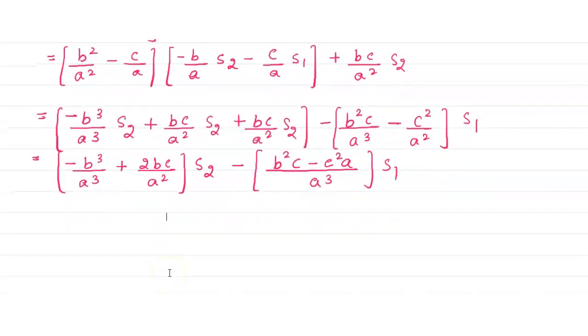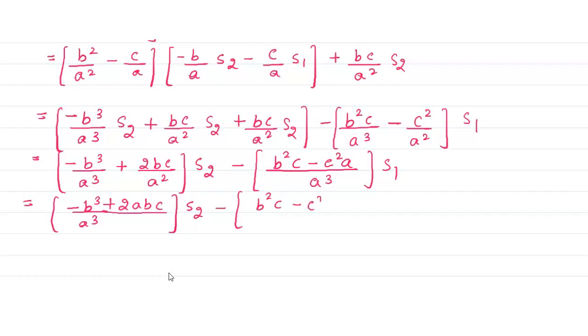Now again took the LCM also here, minus b cube by a cube plus 2abc, S2, minus b square c minus c square a by a cube S1.